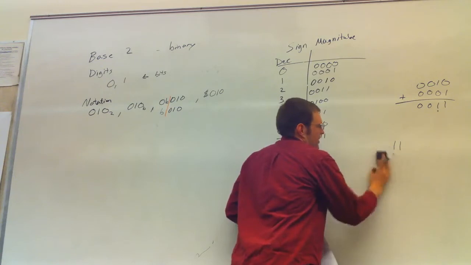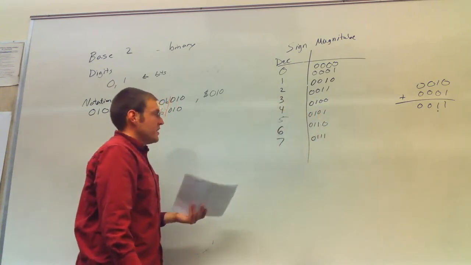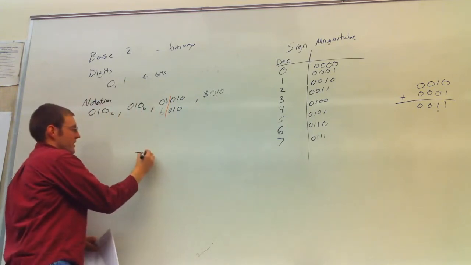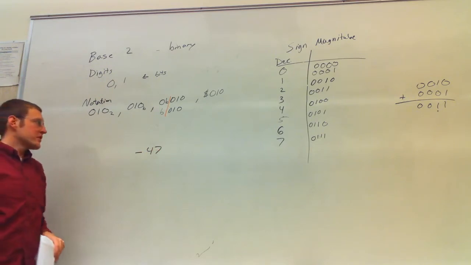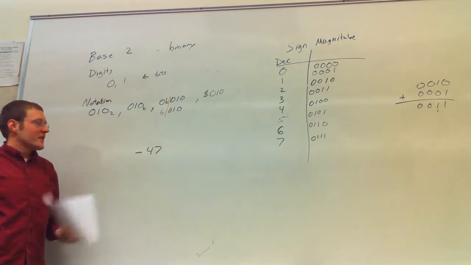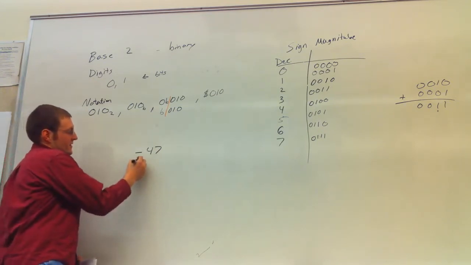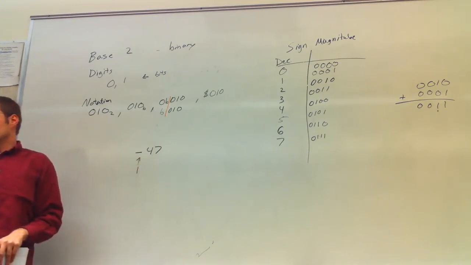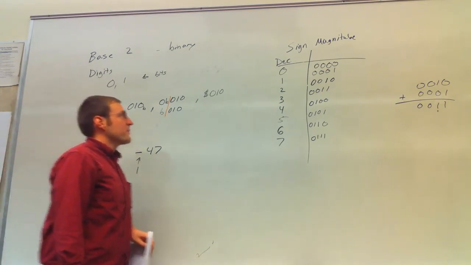That's that notion. Okay, how do we get a negative number? In decimal, we always make a negative like that, negative 47. In a computer, we have to give a symbol or a value to this negative number. So what we decided is to make 1 the value for a negative number.